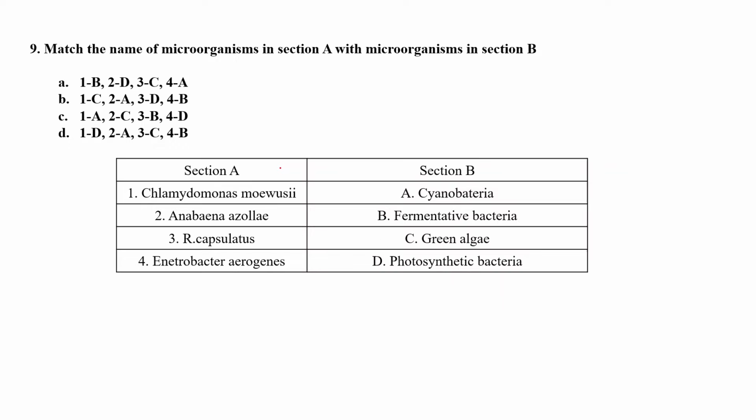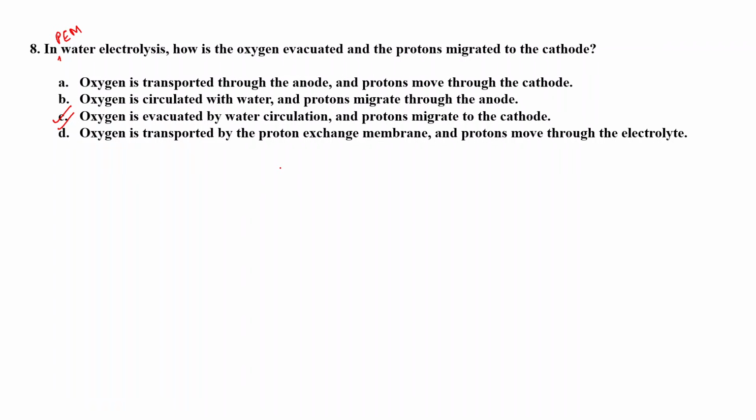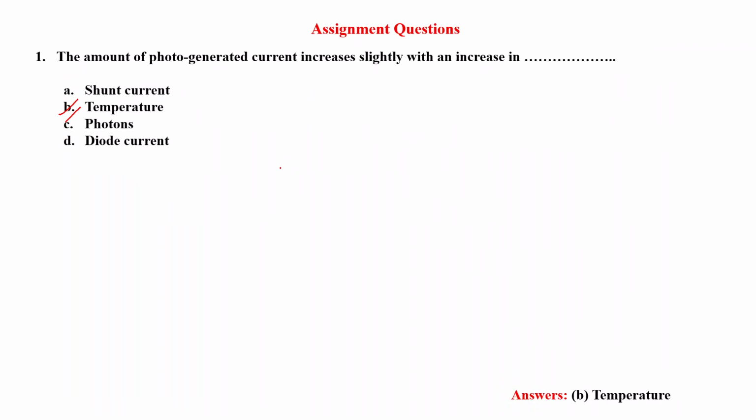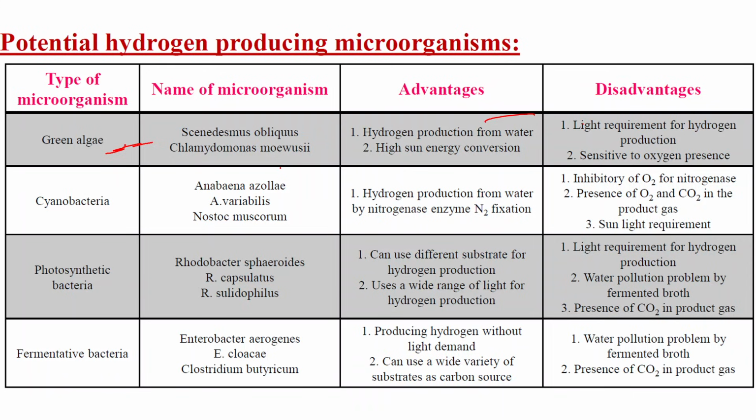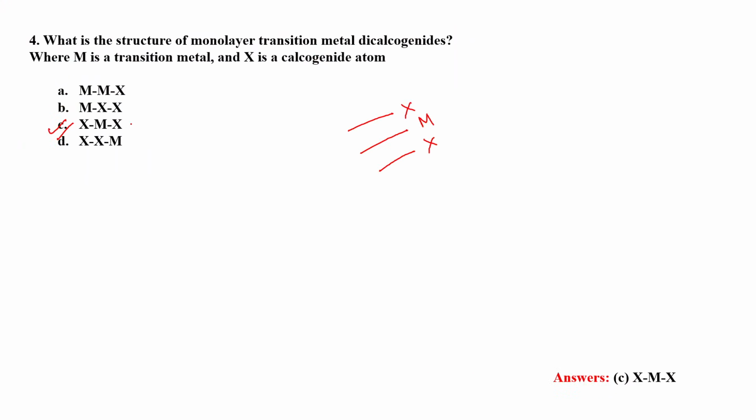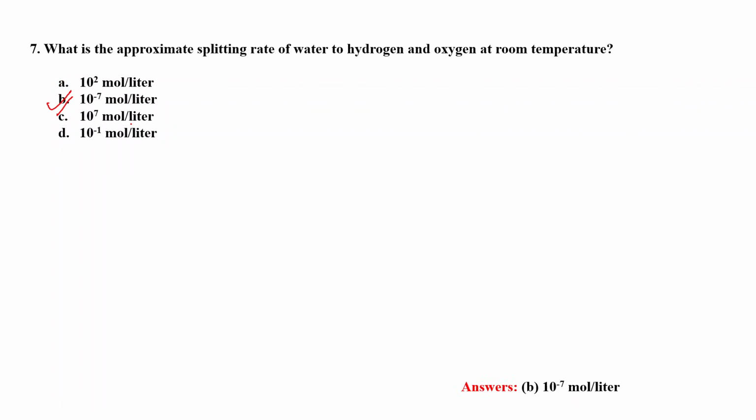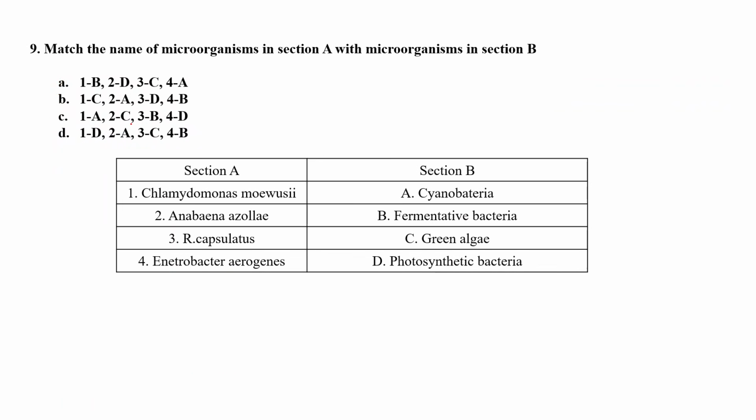The first one is Chlamydomonas reinhardtii. Let us see which option this is. Chlamydomonas reinhardtii is a green algae, so its option will be C.